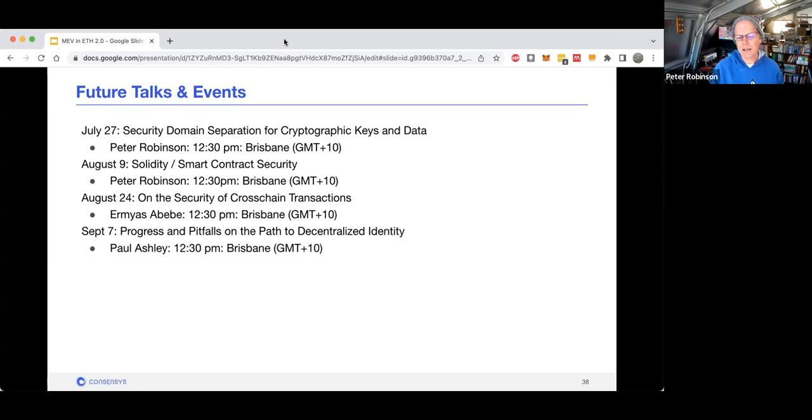He's going to talk about DIDs and give us a really good backgrounder in that. So that's the forthcoming talks, with more on the way. I can see David Pierce there. David's gone off mute, so obviously he's busting to give us a talk. He's a recent hire at Consensus, and he's got lots of good ideas on talks that he's going to give.